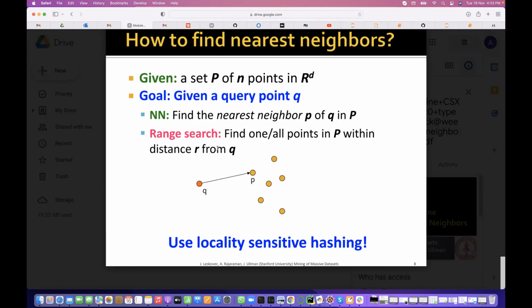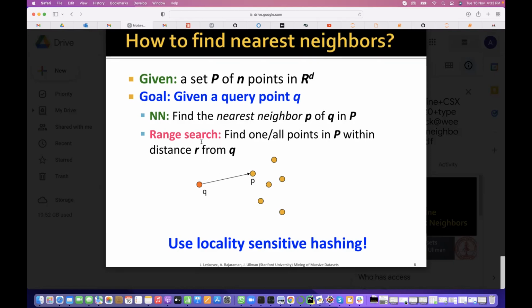If you fix a distance, simply you can get all the points which are inside the distance. But if you don't want to use this range search, then in big data, you can never get the distances from the point to all other points. That is not possible. Earlier, we were taking the distance between the point and all other points, then deciding which k points are closer. What is the problem when the data is massive to do that?